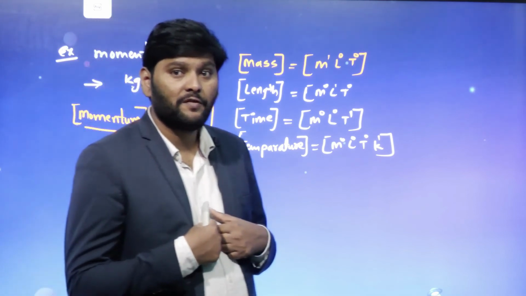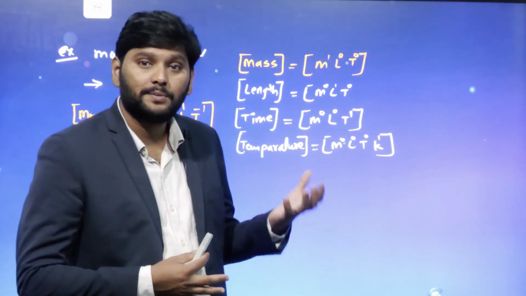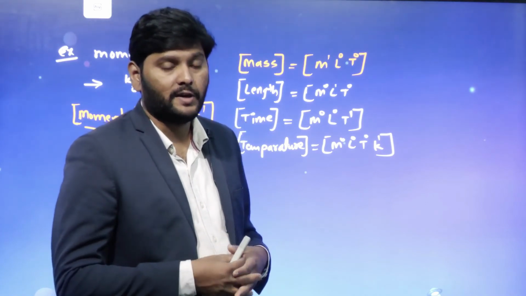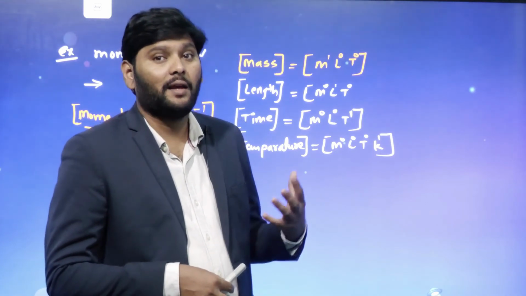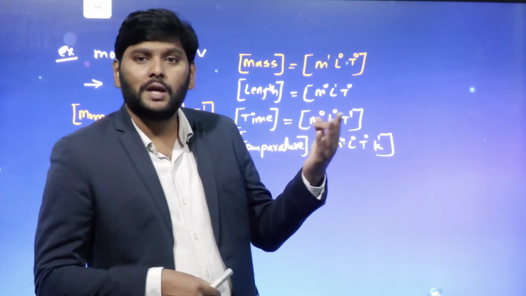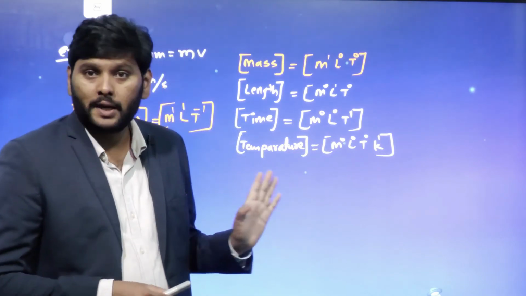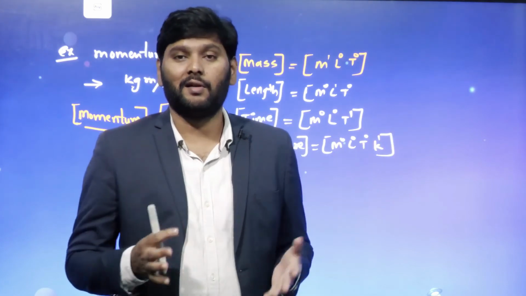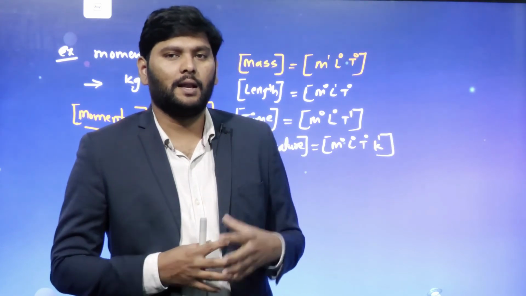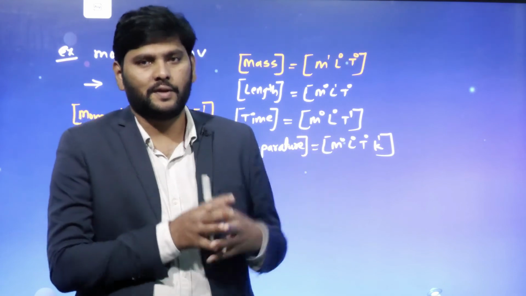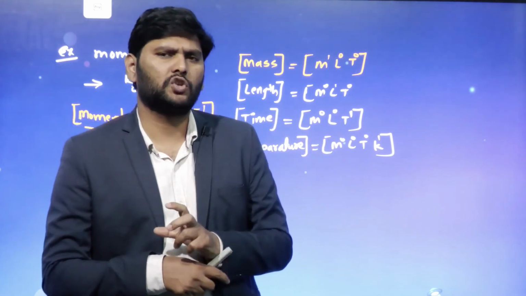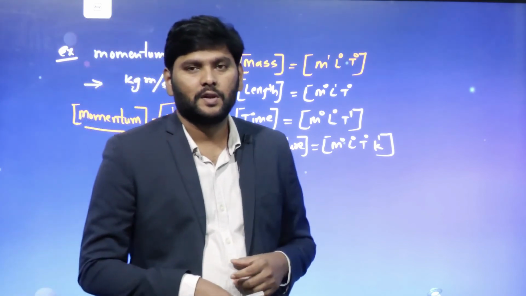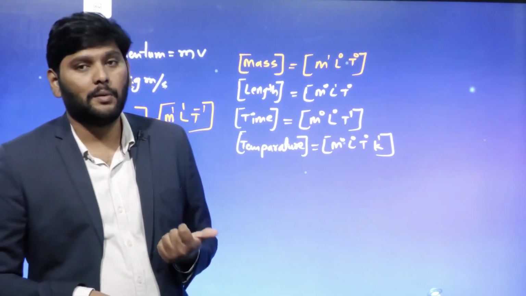So here the dimension formula is nothing but expressing all physical quantities in terms of fundamental quantities. But why am I showing only 3? You can show more than 3 also, not an issue. But if you show all the quantities, it is very difficult. So to keep it short, we are writing only 3 or 4 fundamental quantities.